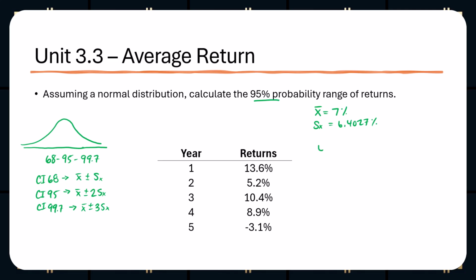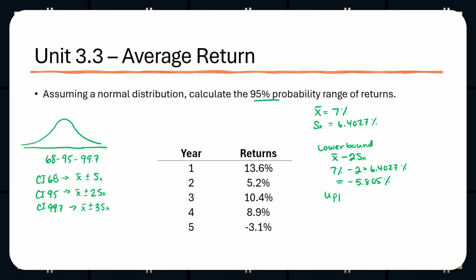What we're going to do is find the lower bound, and the lower bound is going to be the x bar minus 2 times s of x. So that's going to be 7% minus 2 times 6.4027. And what we find is that the lower bound on this particular series of returns is negative 5.805%.